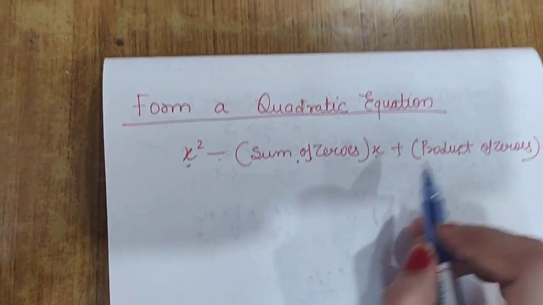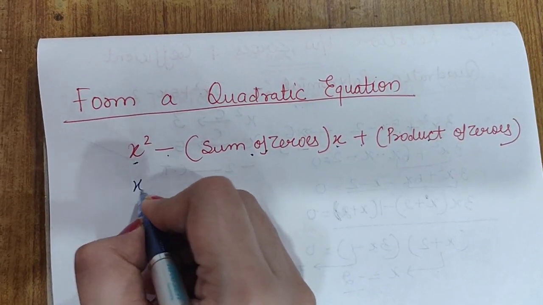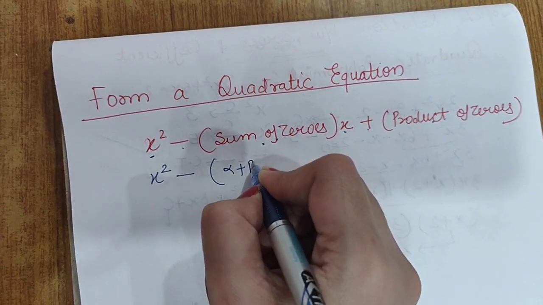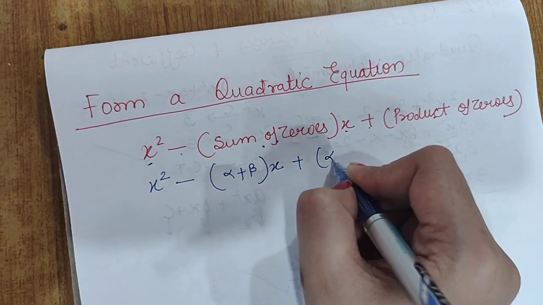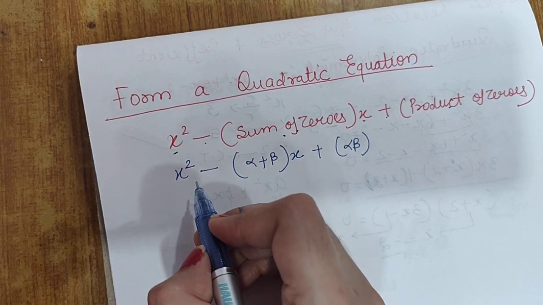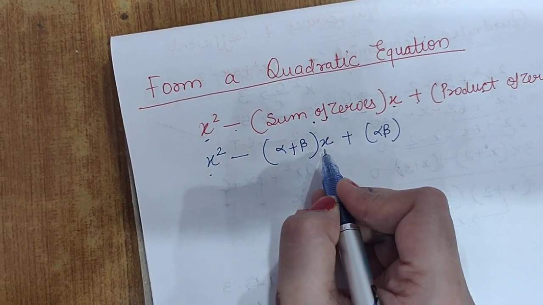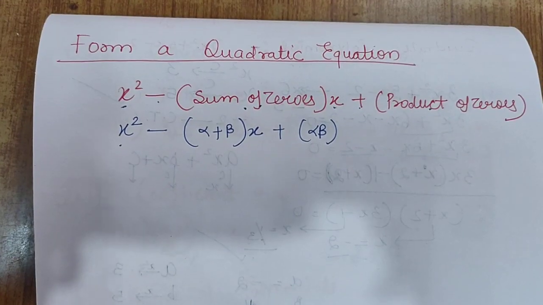So the formula is x square minus alpha plus beta into x plus alpha into beta. So how to form a quadratic equation? You just learn this: x square minus sum of zeros into x plus product of zeros.